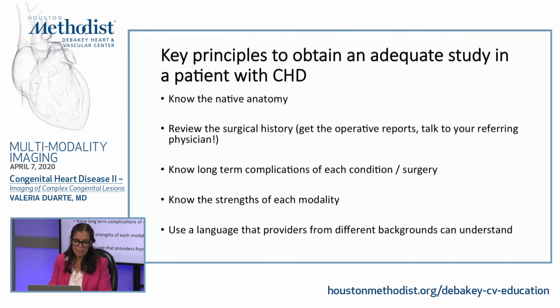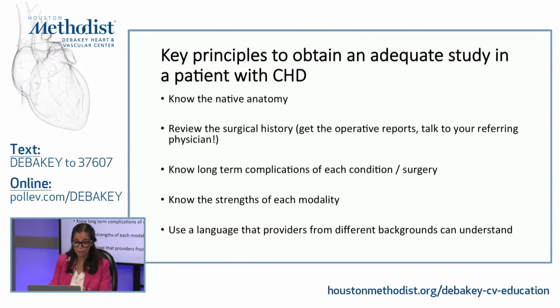So these are just some tricks and key principles for the imagers, the sonographers, the technicians, the cardiologists, the fellows, on how to obtain an adequate study in a patient with congenital heart disease. Very importantly, we need to know what the native anatomy is. Okay, and that's a challenge.